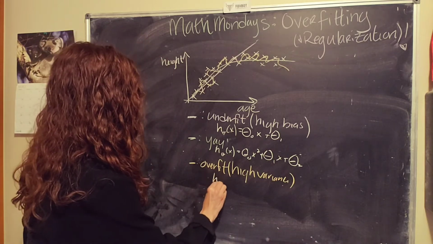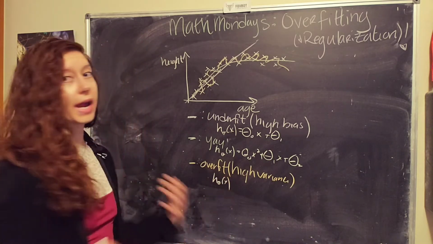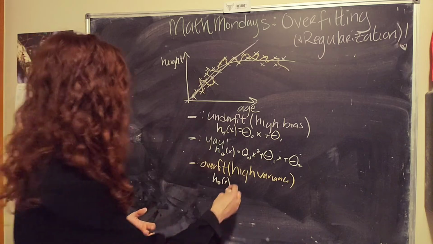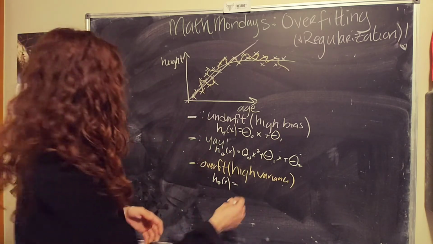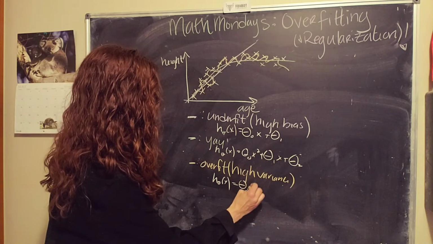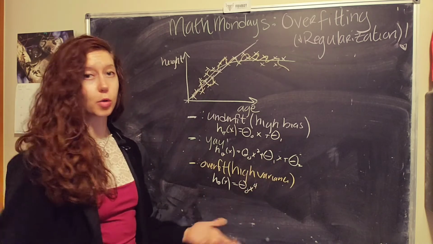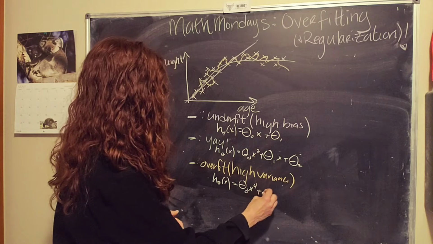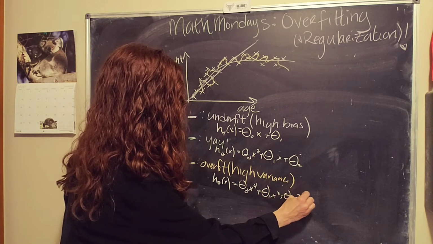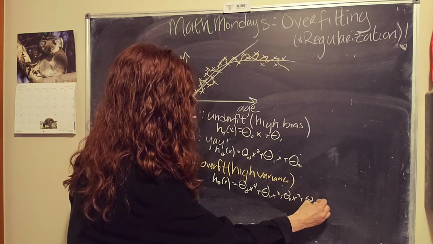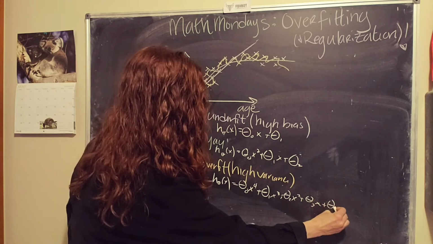So in this case, we'd probably end up with way too many parameters, way too many features. I might simplify, but let's say we had a polynomial of order 4, so x to the 4th, plus theta 1 x cubed plus theta 2 x squared plus theta 3 x plus theta 4.